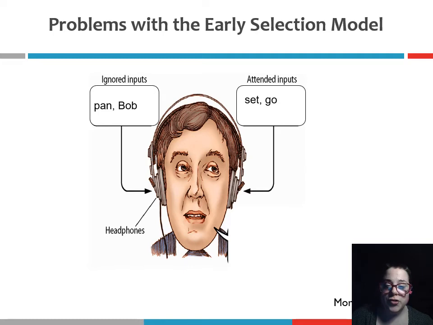What's so interesting about this is that a significant proportion of participants report having heard their name, right?